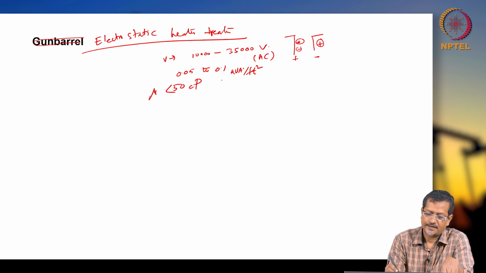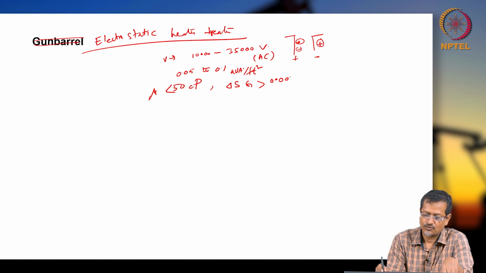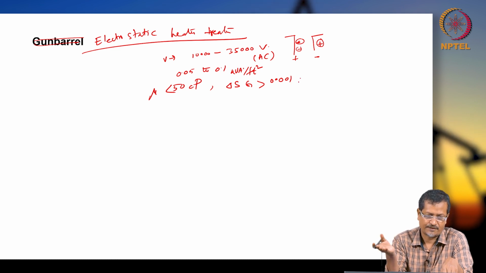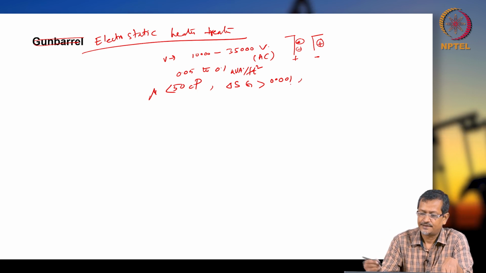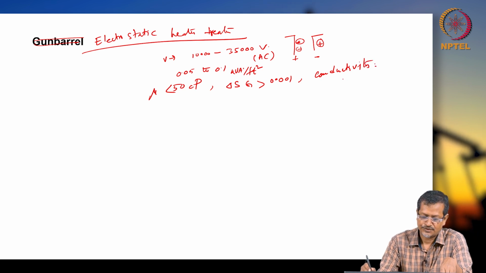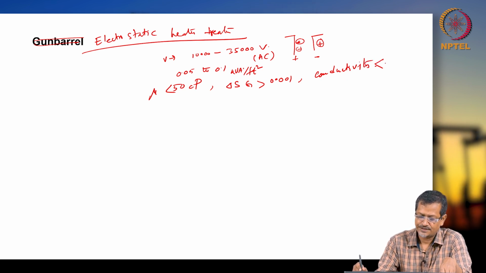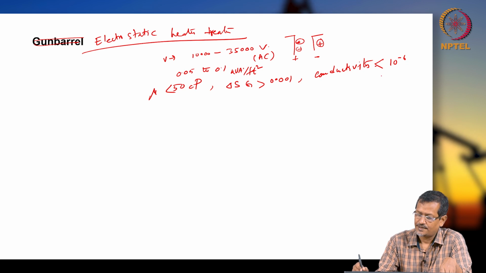And the specific gravity difference delta SG should be about 0.01. And the electric conductivity of the oil and water phase should not exceed 10 power minus 6 mho per centimeter.